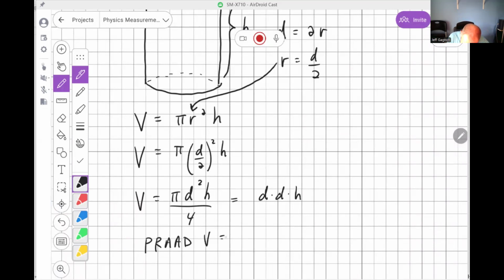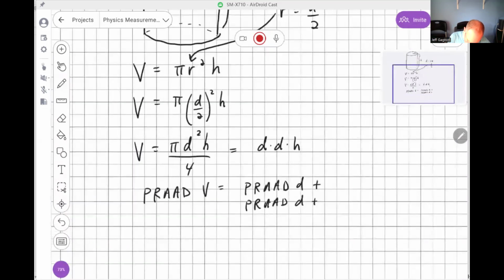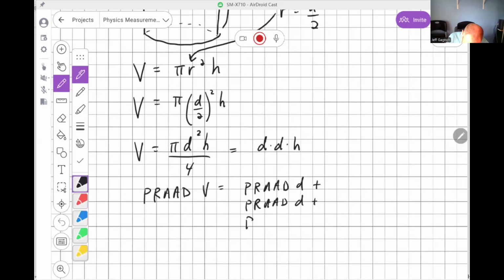And since it's diameter times diameter, or diameter squared, I have to add the prad for diameter twice. So basically, the prad for volume is going to be the prad for diameter plus the prad for diameter plus the prad for height. And that will give you the prad for volume.